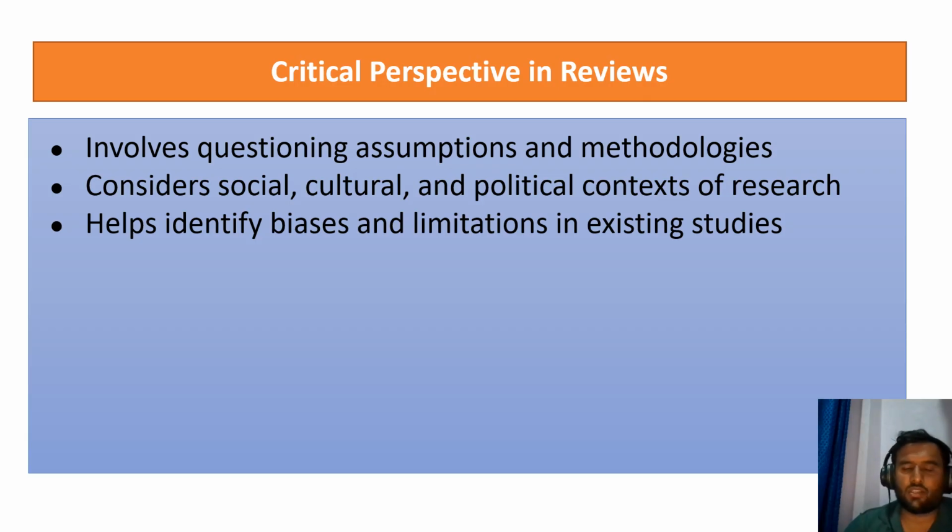And we should consider the social, cultural and political context of research, in which cultural setting or political context the research had been done or we are going to do research. It helps to reveal biases or limitations in existing studies. So from the literature review, we should find the limitations of existing studies.